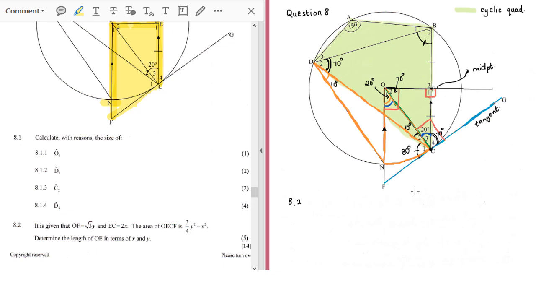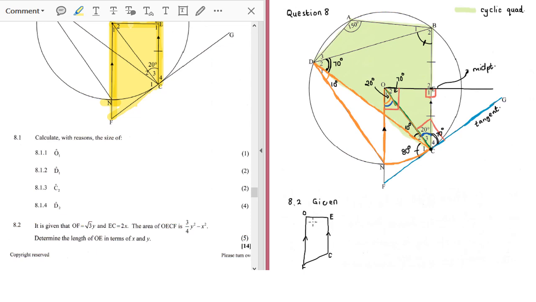So let's just write this down quickly. What are we given? We're given that for this figure that looks like this, we've got O, F, C, and E over here.